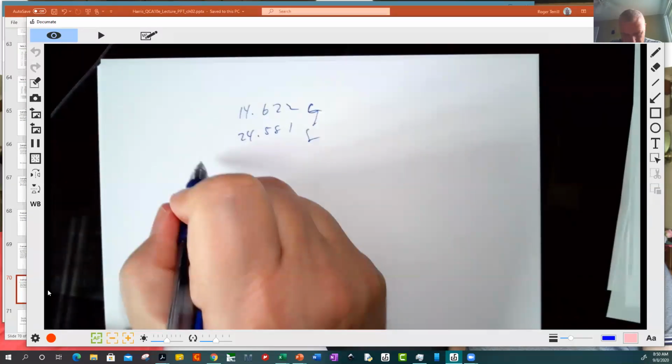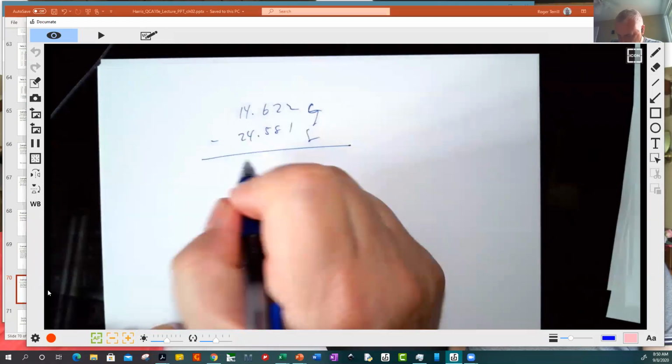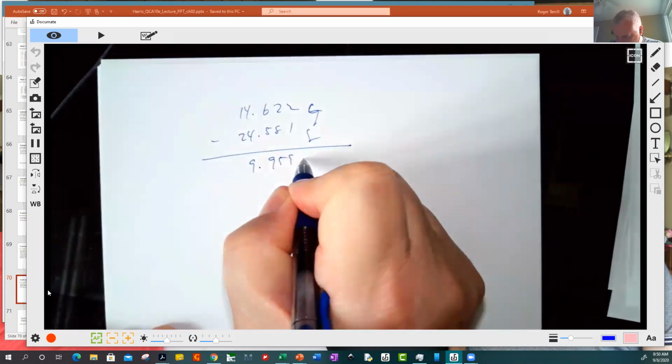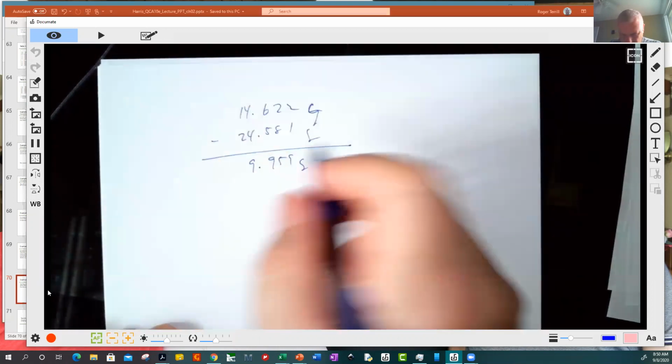Right? Take the difference here, and we get 9.959 grams. Right? Actually, it's reverse of that, but whatever.